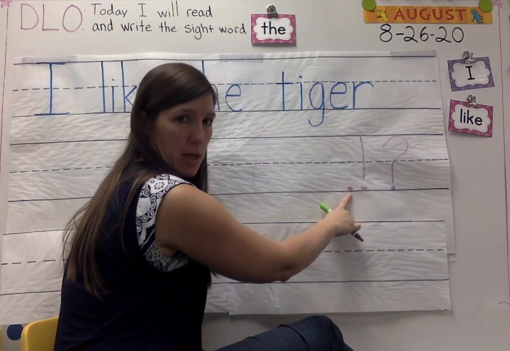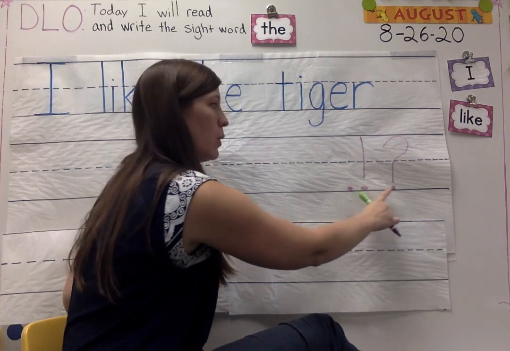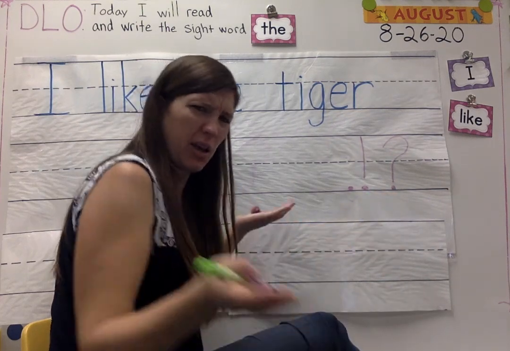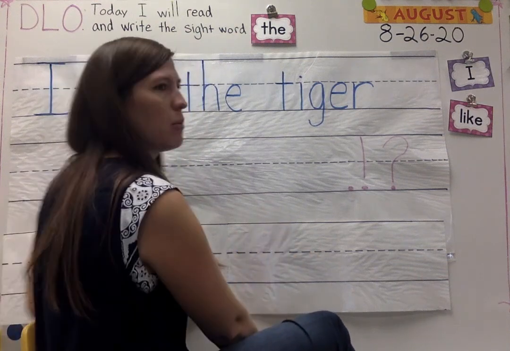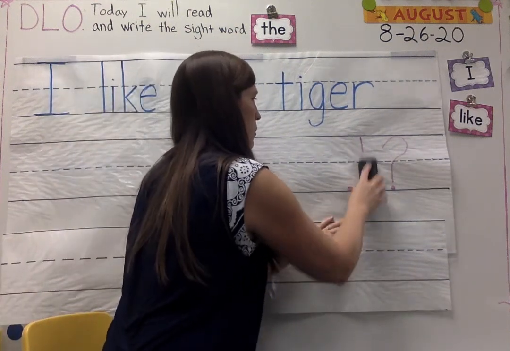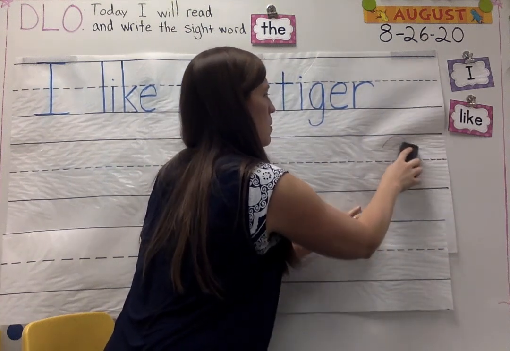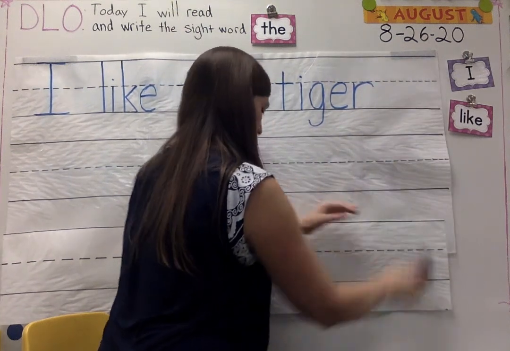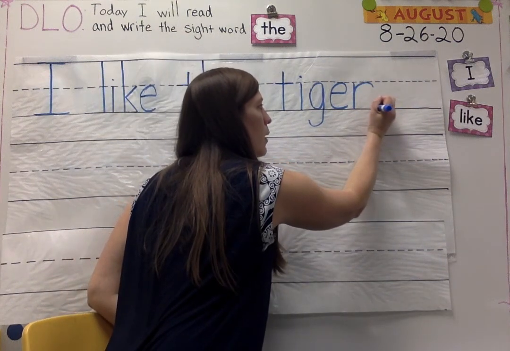Period, I like the tiger. Exclamation mark would say, I like the tiger! Or a question mark, I like the tiger? Which one makes the most sense? Period. Where's my marker? I'm going to write a period at the bottom.